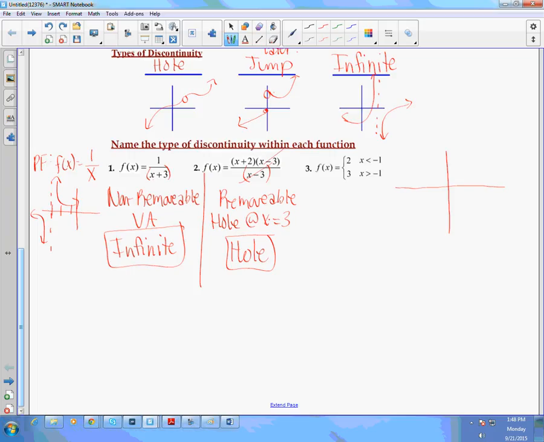So at x equals negative 1, x is less than negative 1, we're at 2. And greater than negative 1, we're at 3, but not inclusive of 1. So what type is that? Jump. Okay? Jump discontinuity. Any questions? Mostly have that. Okay, flip it over.